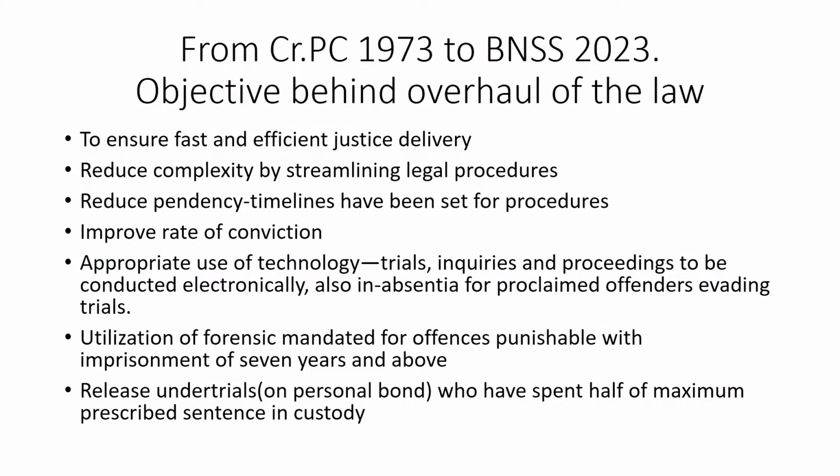Thereafter, the next objective is to release under trials on personal bond those who have spent half of the maximum prescribed sentence in custody, and the trial is still going on. See, we need to put an end to the agony of those under trials who have been languishing in prisons for a long period of time.